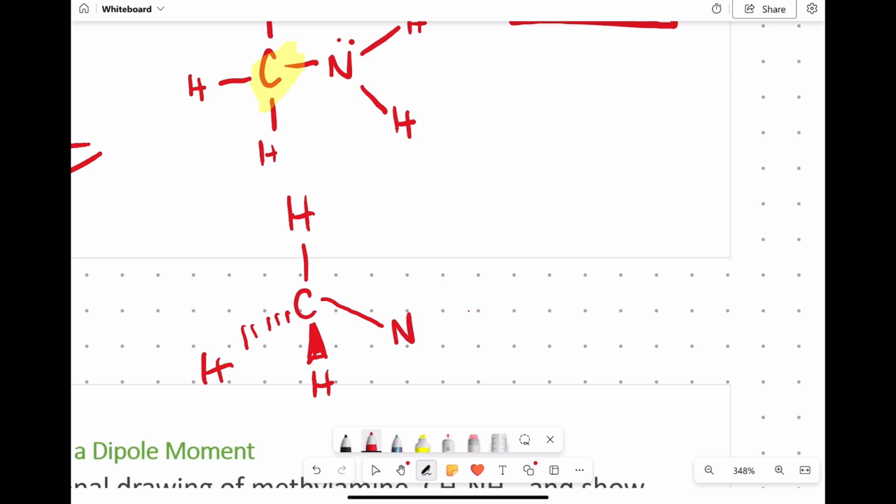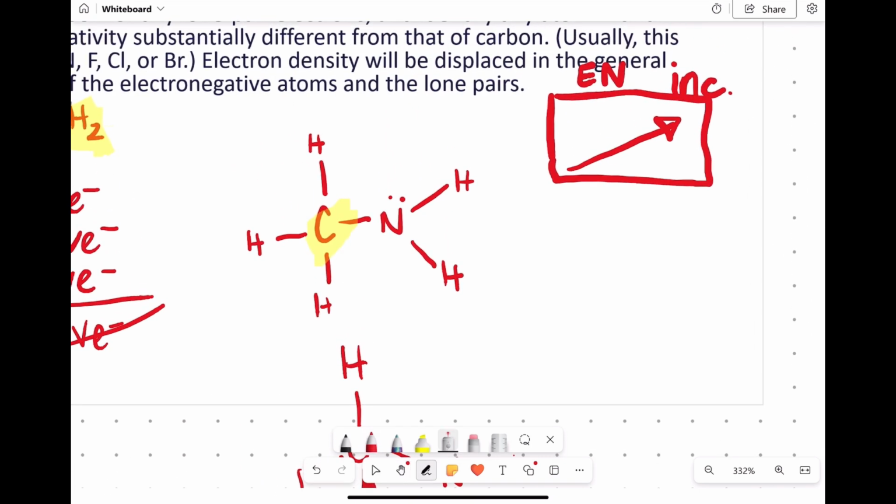Now, nitrogen has 4 electron regions around it. It has that lone pair. It has 3 bonds. That means it's also going to be tetrahedral.